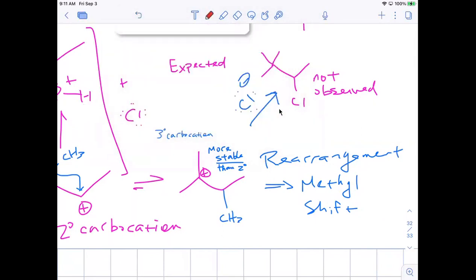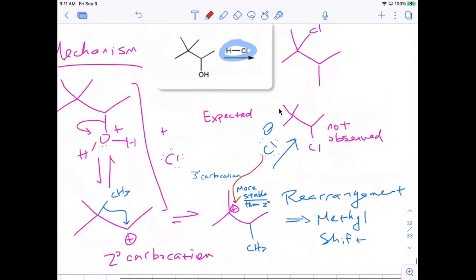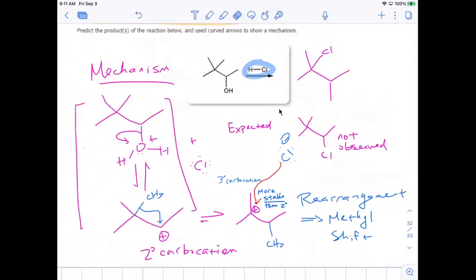Right here, boom, just like that, and that's going to give me my product. And the arrow pointed to the wrong one, sorry. I got a better way to do that.